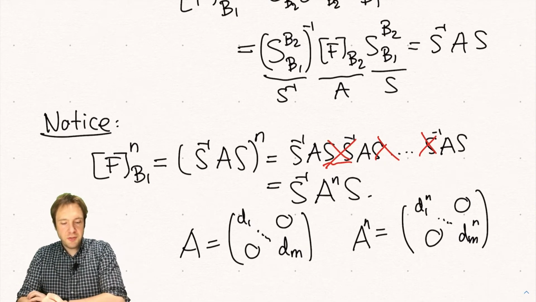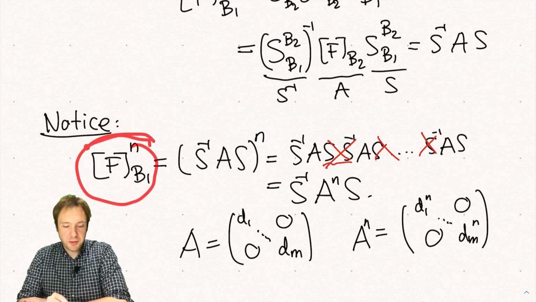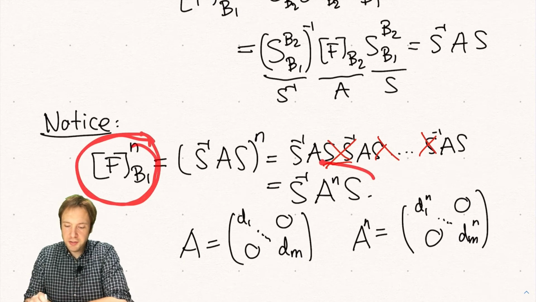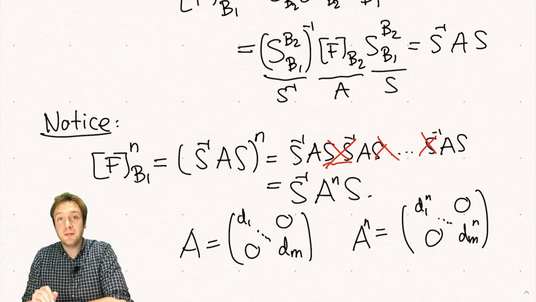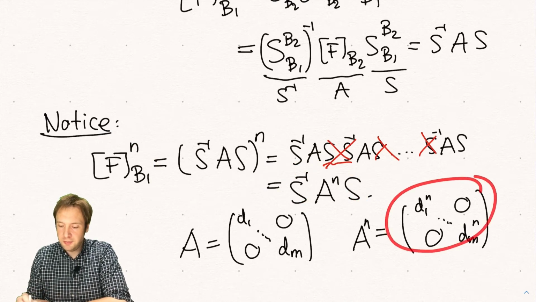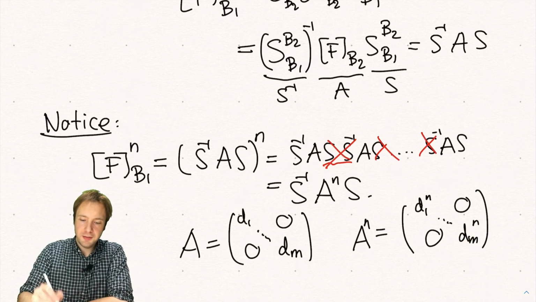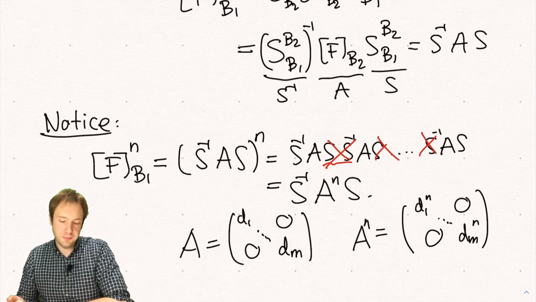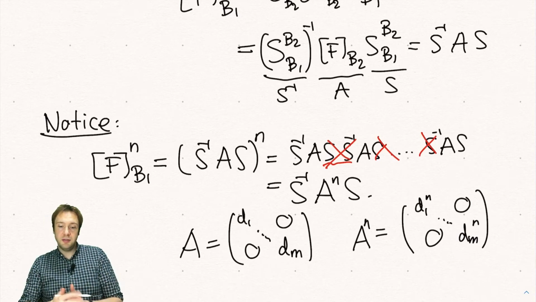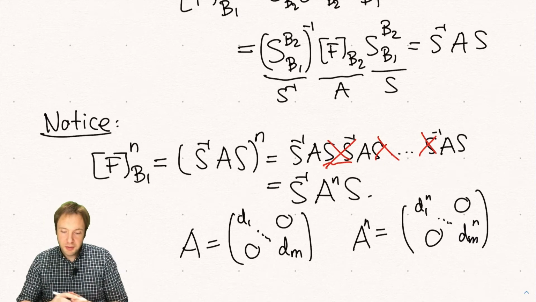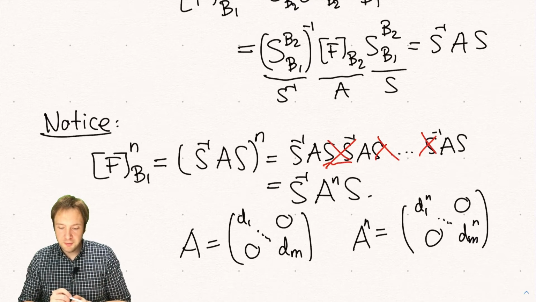And therefore, if I'm interested in the nth power of this matrix, I just need to know S and its inverse, because A to the n is quite easy to calculate. And this is one nice reason to change a basis for a linear map, to get an expression like this.